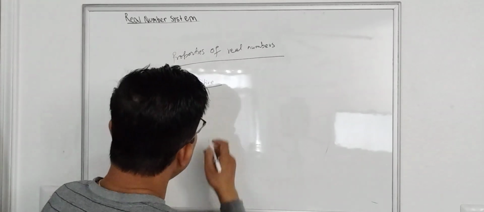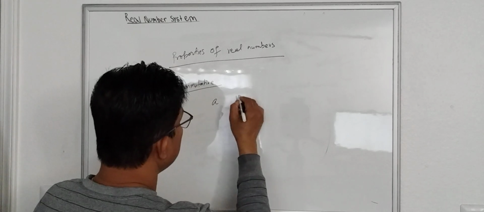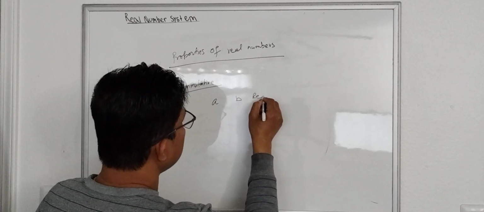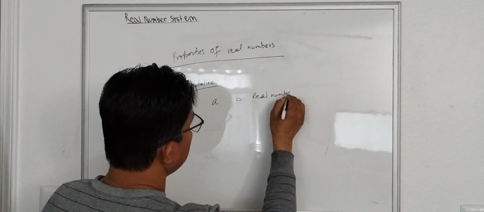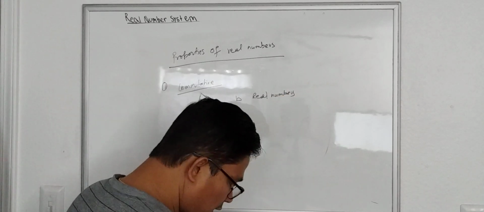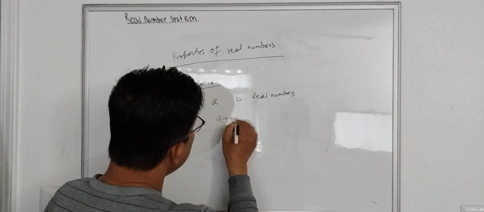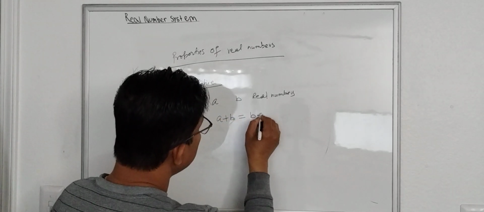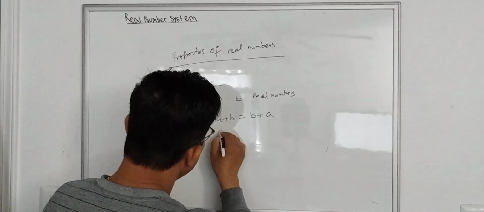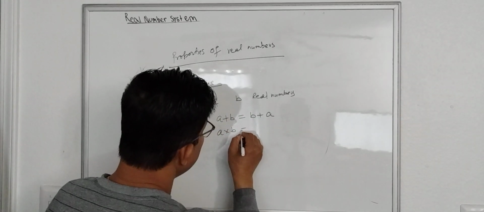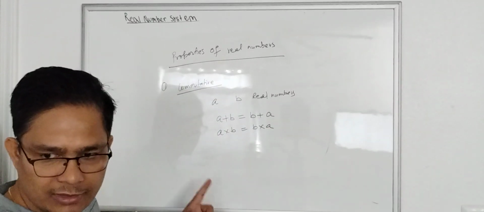It says if there are two real numbers A and B, then A plus B will be equal to B plus A, and A times B will be equal to B times A. Very easy peasy.